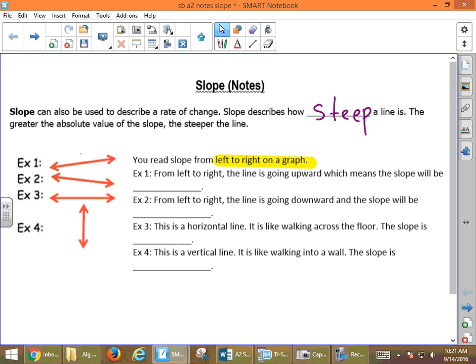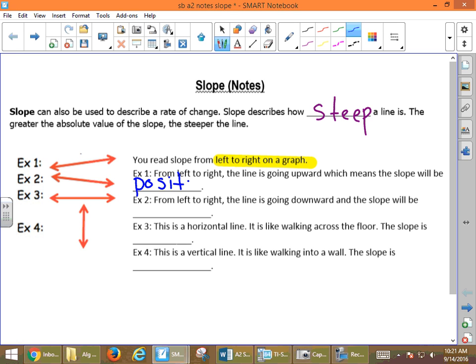And so if we look at our examples here, the first example, right here, from left to right, the line is going upward. And consequently, because the line is going upward, we can say that our slope is, anybody know? Increasing. What's another way we could say it? Positive.